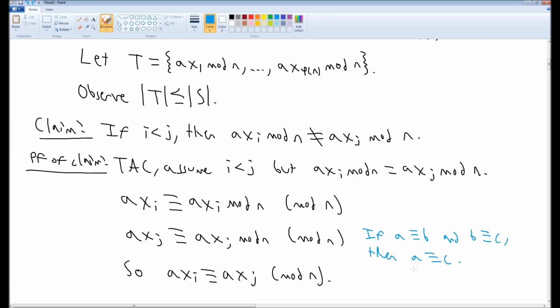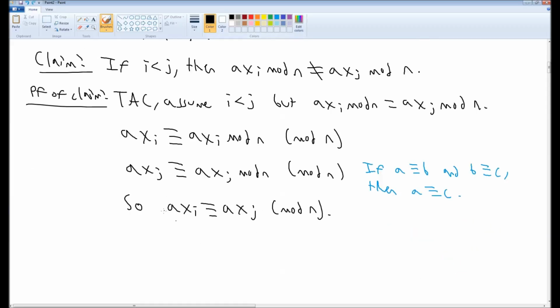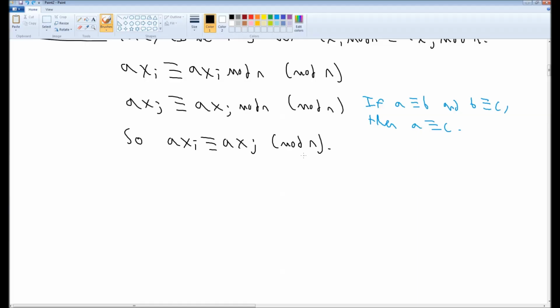One of the basic properties of modular arithmetic is transitivity. If A is congruent to B and B is congruent to C, then A has to be congruent to C. So that means these are congruent modulo n. Now, what does that mean? It means when you subtract them, the difference has to be divisible by n.